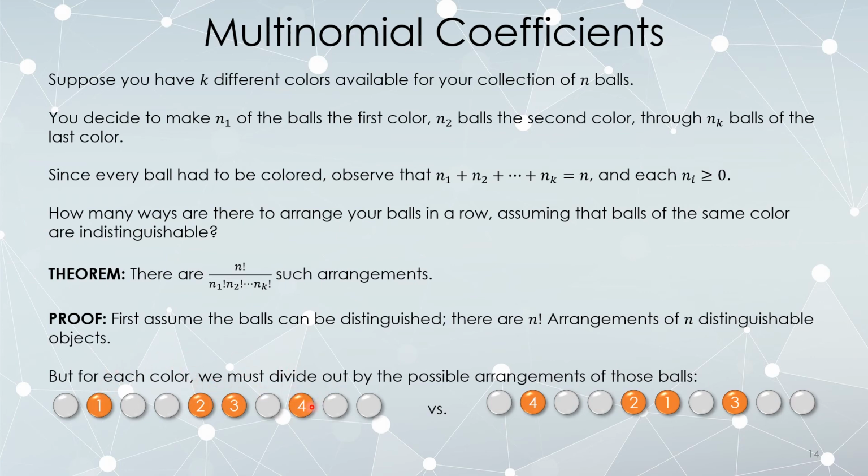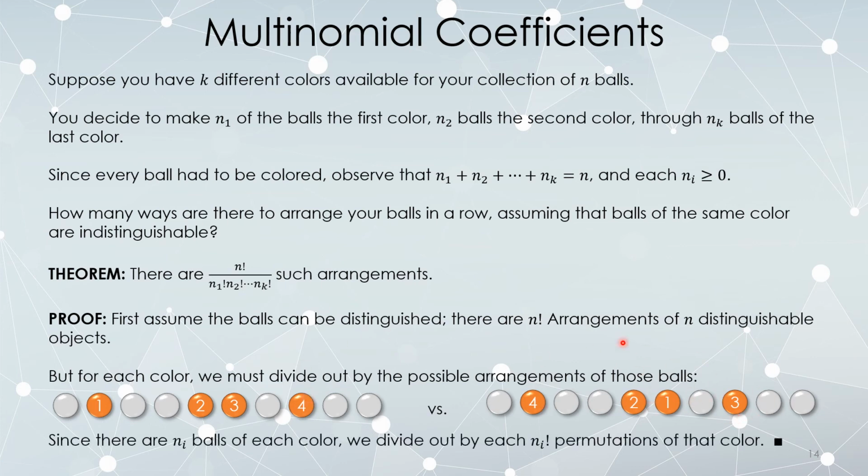There are 4 of them, so how many ways can I permute those 4 labels? 4 factorial. So for each color, there were n_i balls. Therefore, for each color, I've overcounted by a factor of n_i factorial. So out of n factorial total arrangements, divide out by all the permutations of the first color and the permutations of the second, etc. And overall, we've now divided out by the permutations of each individual color, and that's exactly what this term here does.